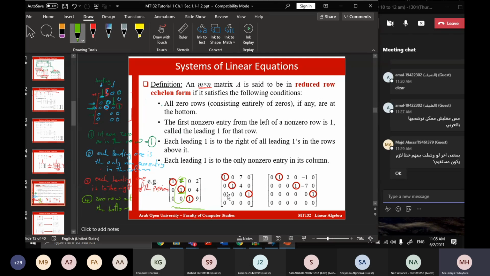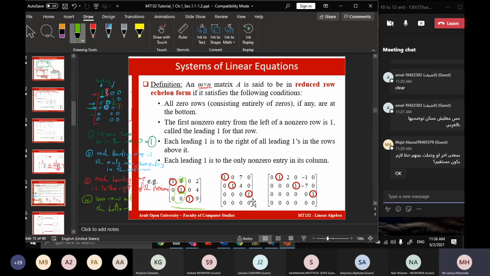Okay. Now the third row. I go until I find the first number. The first number here is 1. What about the other entries? They are zeros. It is to the right of the previous. Now we move to this row. I'm searching for the leading one.